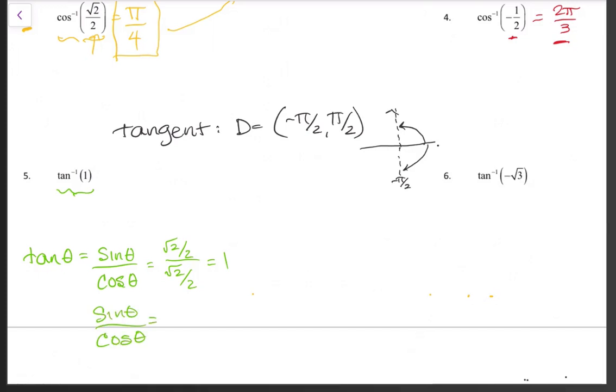If we're looking at sine over cosine, where sine is 1/2 and cosine of my angle is square root of 3 over 2, that simplifies. The two denominators divide out and I get 1 over the square root of 3, and rationalizing the denominator gives me square root of 3 over 3. And I'll show you where I'm going with this in a minute.